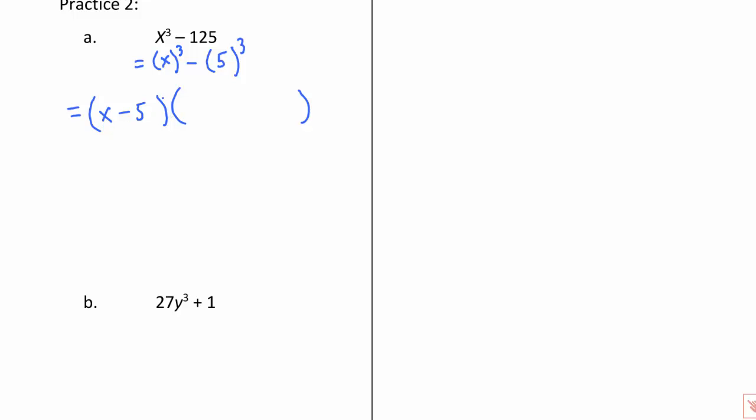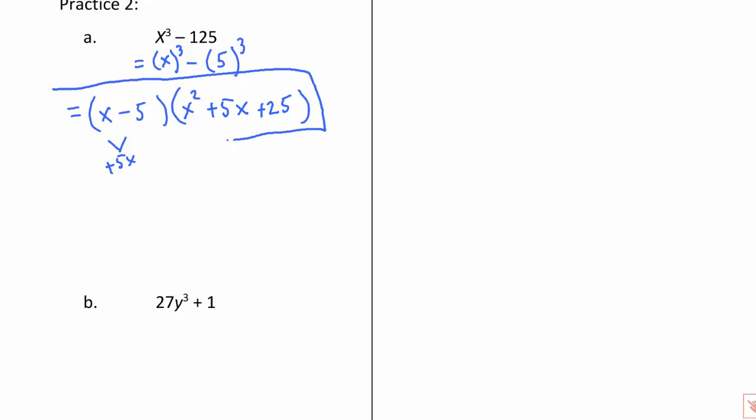So I'm going to square the x, we get x squared. Square the 5, we get 25. Now notice that anything squared is always positive, so it's positive 25 here. Now I multiply these two together, that gives me negative 5x, and I change the sign, making that plus 5x.